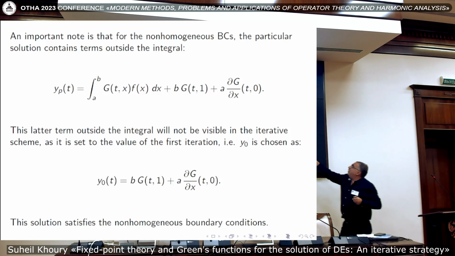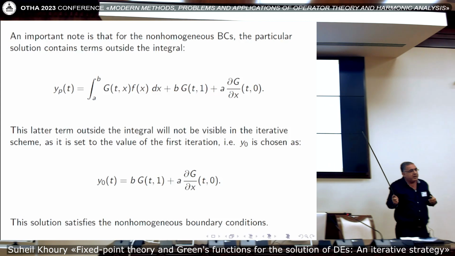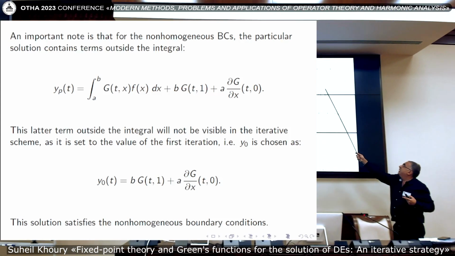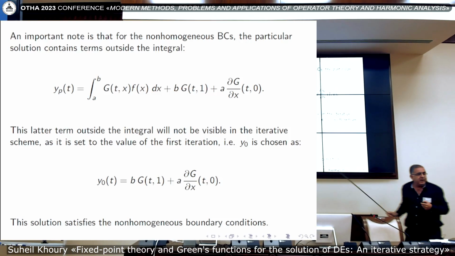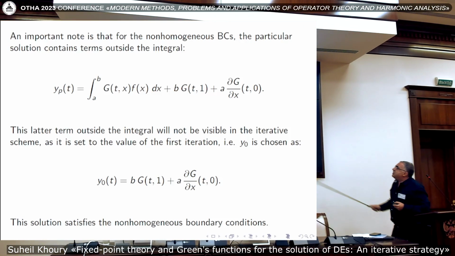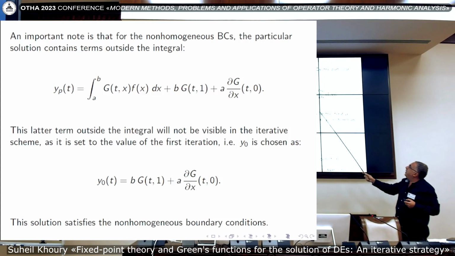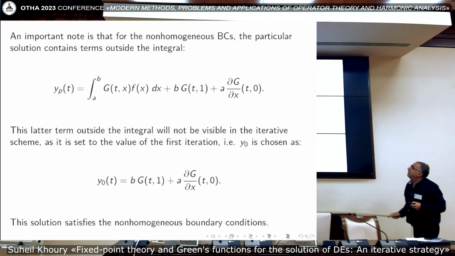Okay, this term I will not make appear later on because when I do the iterative scheme, I'm going to assume this one to be the initial iteration. So the latter term outside the integral will not be visible in the iterative scheme as it is set to the value of the first iteration. So the first iteration will be this one.